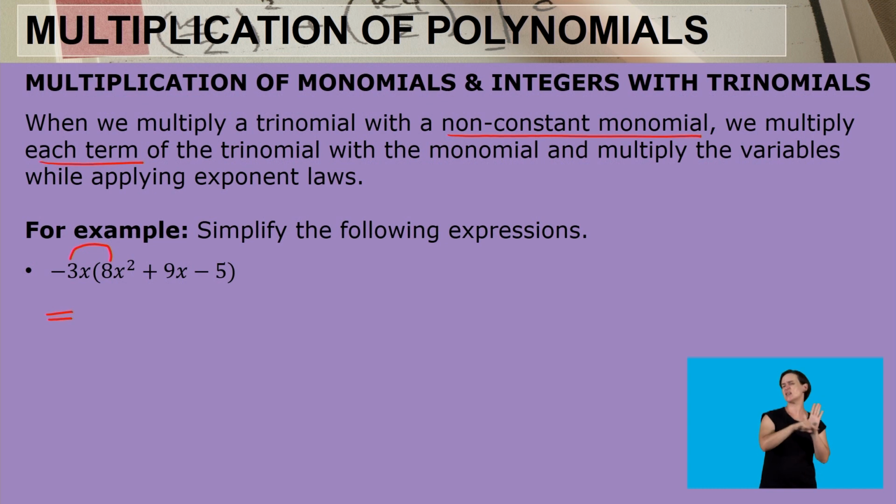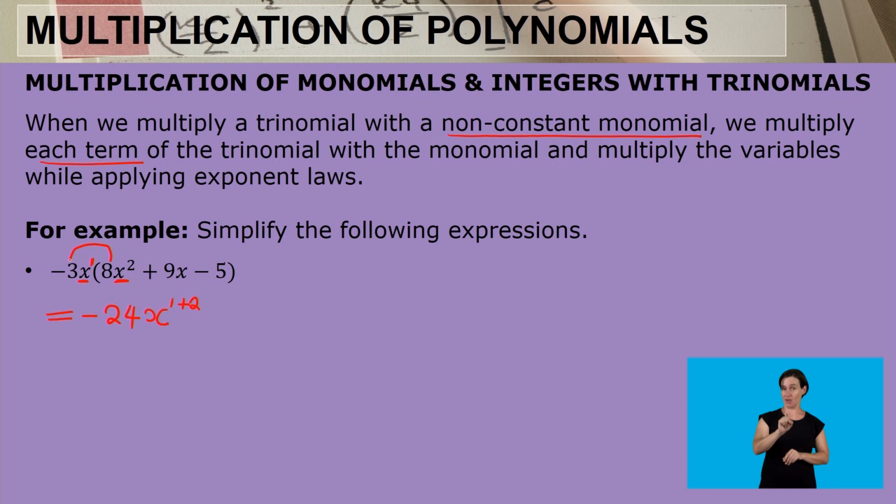Now negative 3 multiplied by 8 is a negative 24. Then we are going to multiply those variables together, and as we can see, they have the same base. So what does this mean? It means we add the exponents. That will be a 1 plus 2. Remember, where does that 1 come from? It comes from that exponent there, or that power there.